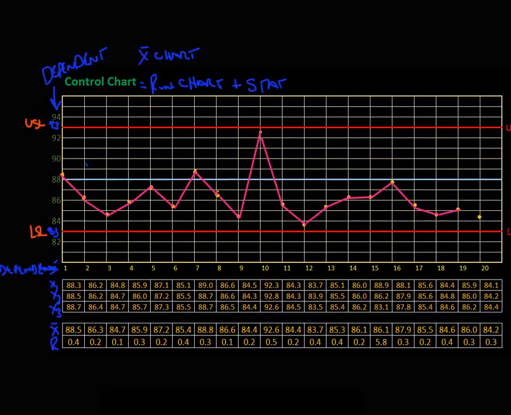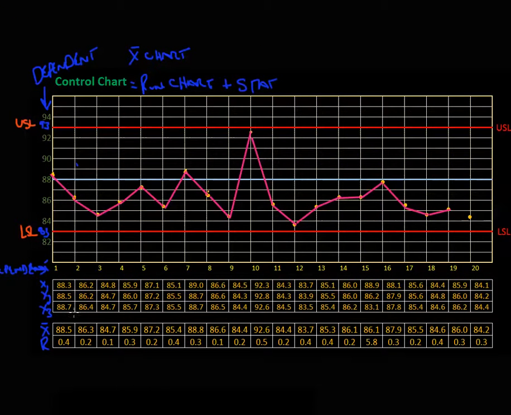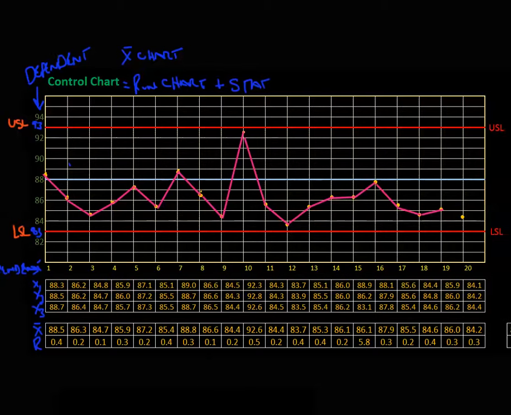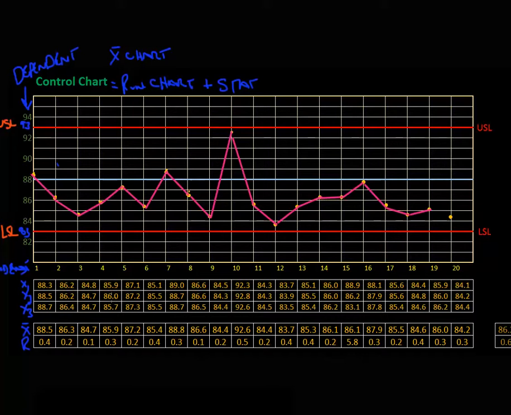So we performed the same process across 20 samples. We have 20 X bar values, 20 R values. This is just a rule of thumb for quality engineers, quality technicians. If you're a statistician or you're deeper into statistics, you may have a differing opinion, but the rule of thumb that I've gathered from quality textbooks, the Indiana Quality Council, Juran Quality Handbook, and other standard quality practitioner texts out there, is a minimum of 20 to 25 samples or subgroups.